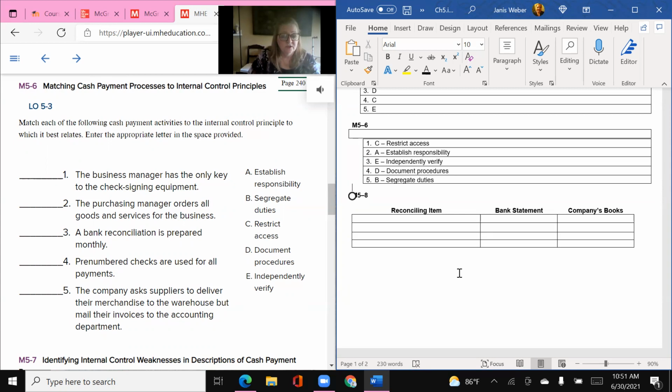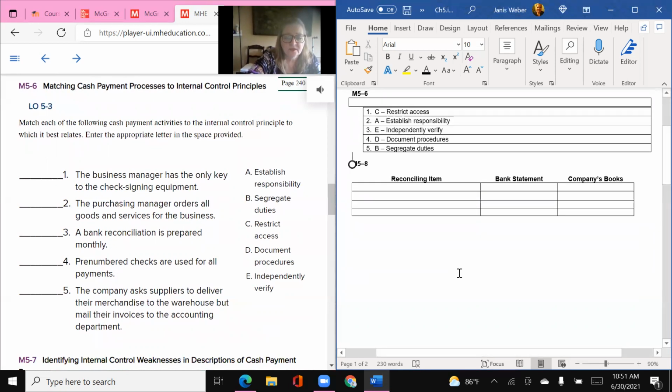So the delivery is separate from the invoicing, so that whenever the company tracks what deliveries were accepted, they can match those to the invoices that they received.